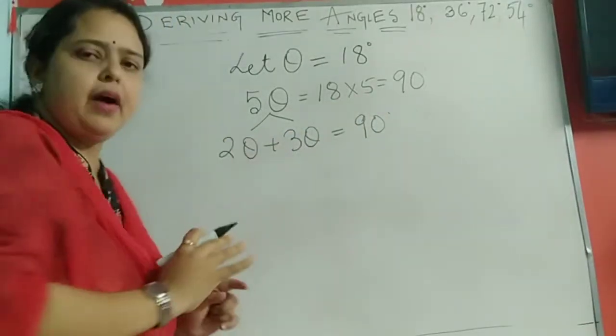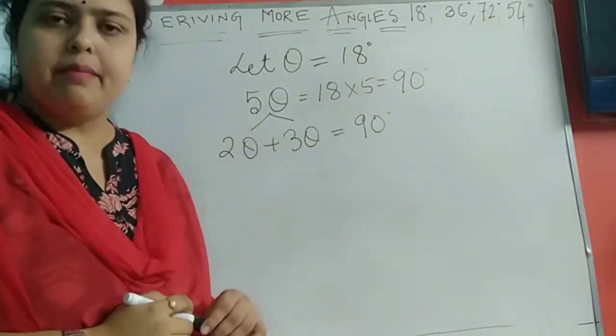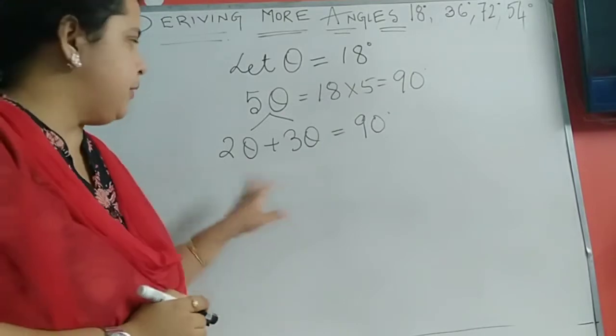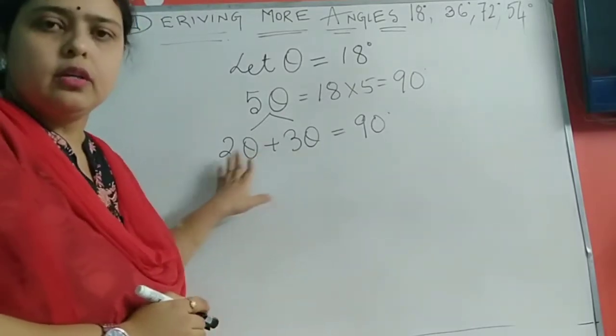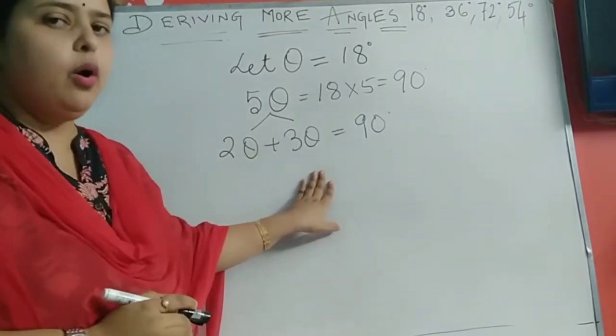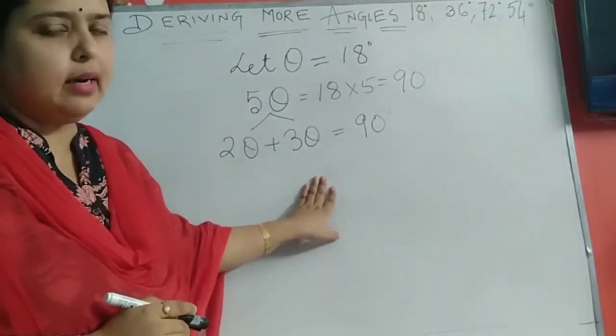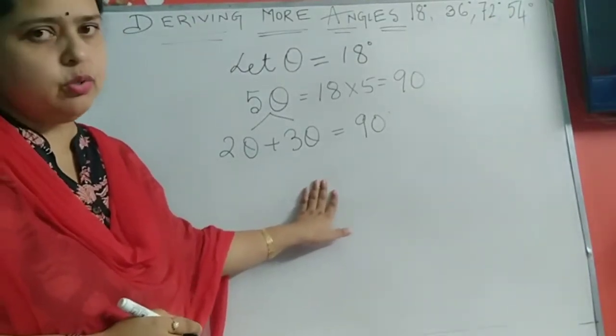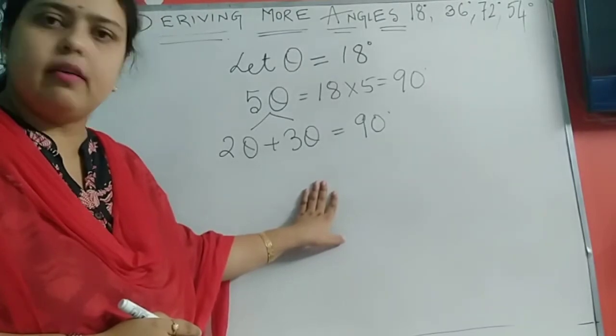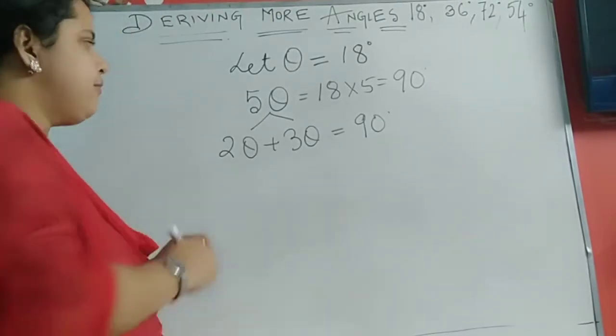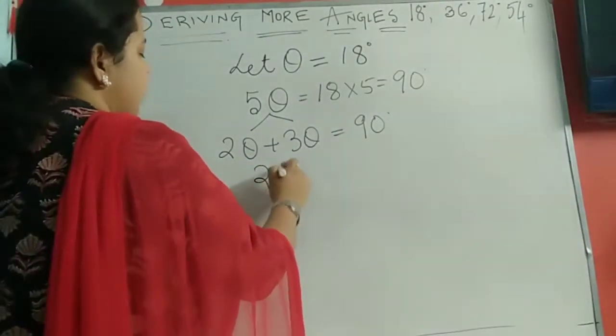The two sets of angles in the submultiple and multiple angle groups you have already studied: 2 theta and 3 theta. All the formulas of sine 2 theta, sine 3 theta, cos 2 theta, cos 3 theta are learned by you. Now for that, what am I going to do?